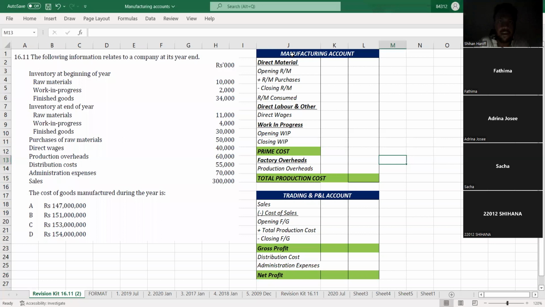Okay. Right. Let's see who can do this question. I want the total production. No, they're asking the cost of goods manufactured during the year.